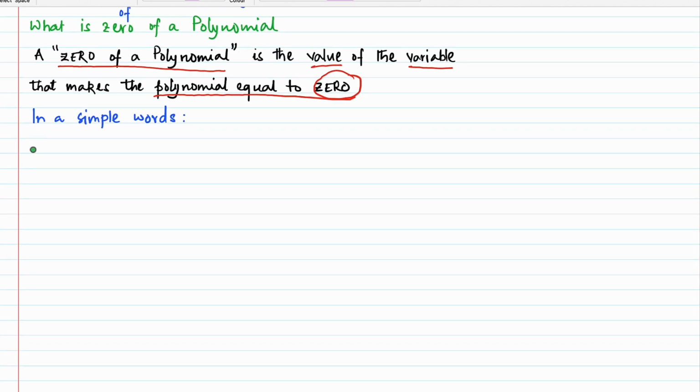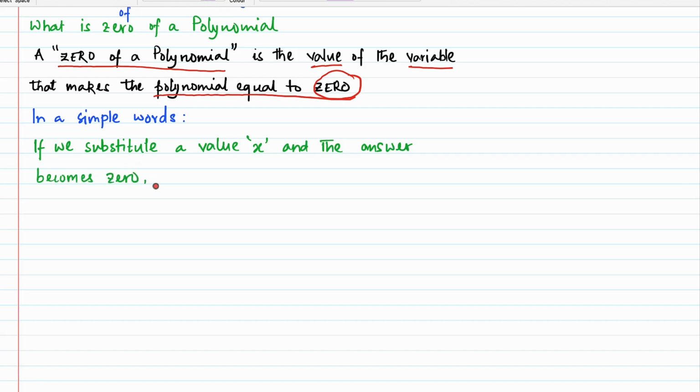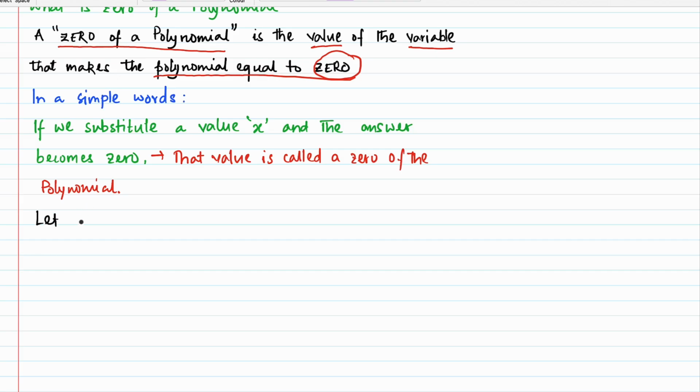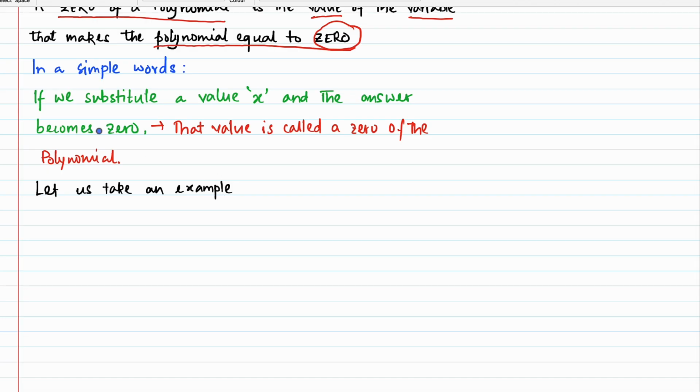In simple words, if we substitute a value, say x, and the answer of that particular polynomial becomes 0, then we say that value is called a zero of the polynomial. So very simple. Whatever value x takes, if we put the value in the polynomial and the result comes to be 0, for that value of x, we call it the zero of the polynomial.